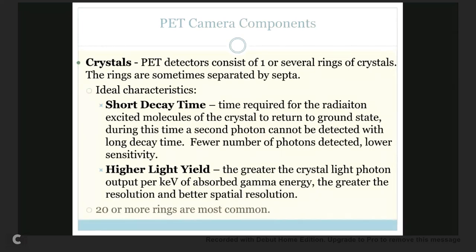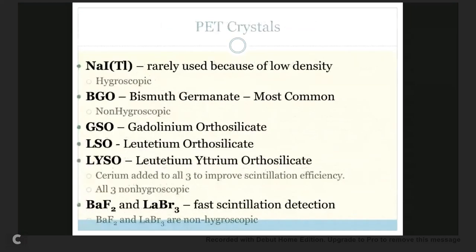Okay. All right, so now you have your PET crystals. These are the different types. You have your sodium iodide. It's rarely used because it's low density and the images are poor, and it's hygroscopic. Then you have BGO, which is most common, and that's non-hygroscopic.